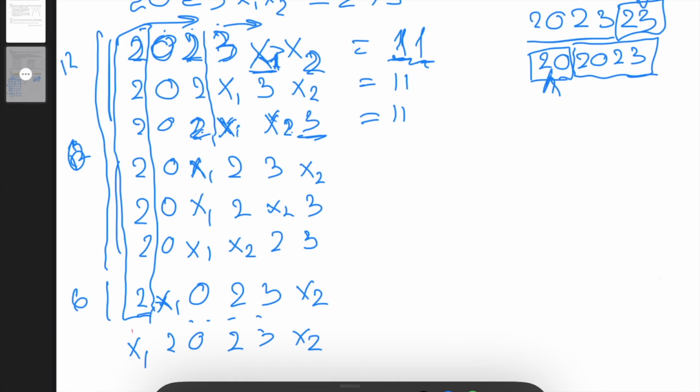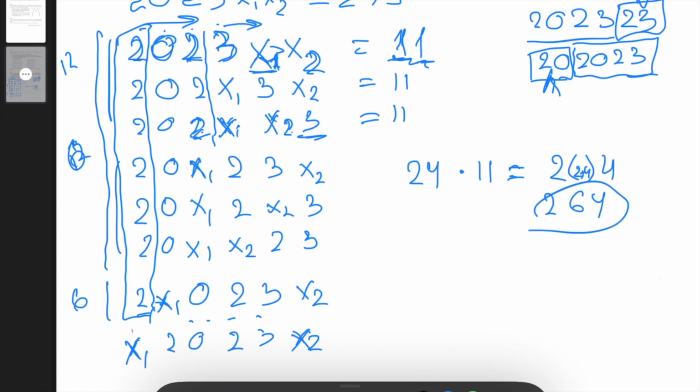Because there are no other numbers for the first position, in total it will be 24 different combinations multiplied by 11. To multiply by 11, I put 2 on the left, 4 on the right, and here I put 2 plus 4. So it should be 264.